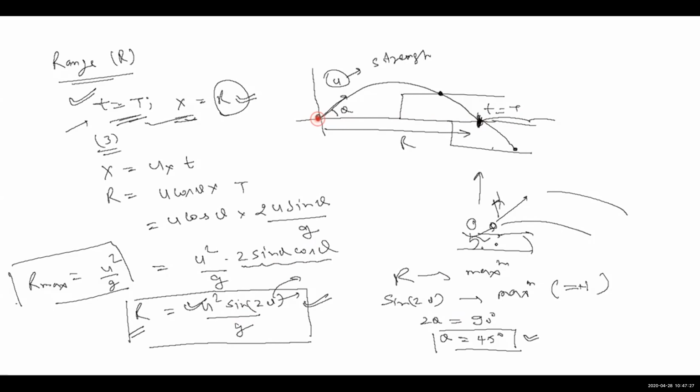They are not valid when the point of projection and point of landing are not along the same horizontal line. But these were the conditions, and the conditions and equations are always valid.